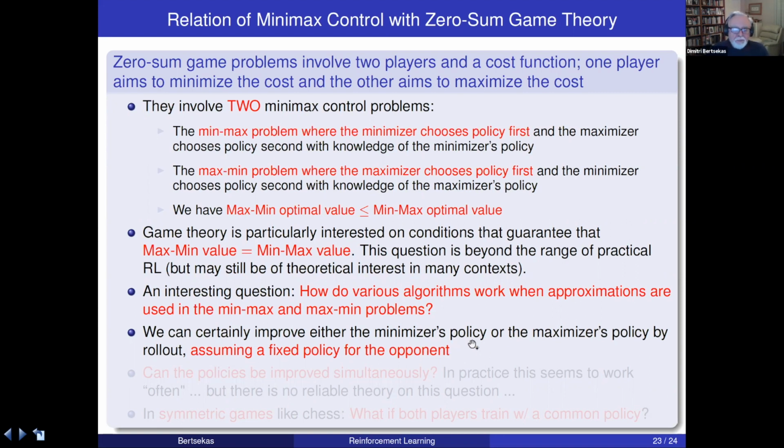So, for example, consider AlphaZero, chess, and suppose that AlphaZero decides to play with the world champion, Magnus Carlsen, the current world champion. Then it could improve its play by asking Carlsen to play with AlphaZero, let's say 10,000 games, pay him a few million dollars, and learn from his play to play better.